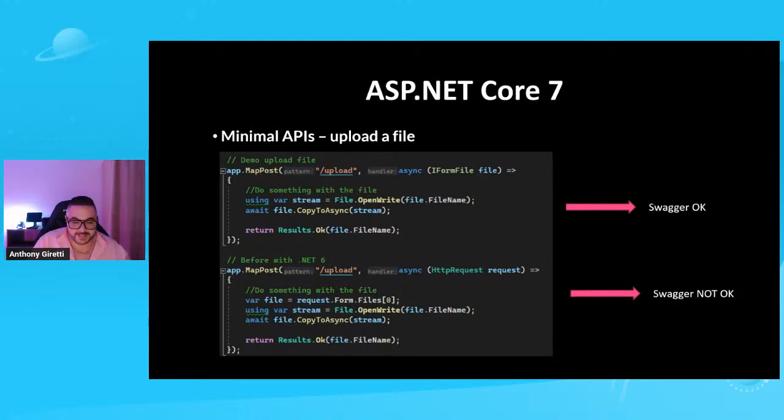The first one is really, really convenient, and it wasn't the case before. When you want to upload a file before .NET 7, so with .NET 6 and .NET 5, you weren't able to use the IFormFile interface like in a Web API controller. It was an HTTP request, and you had to fetch the file from the request form and create the file from the stream.